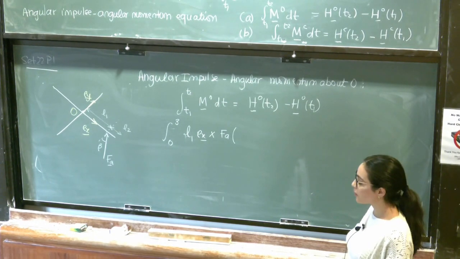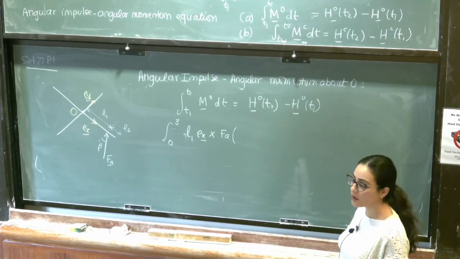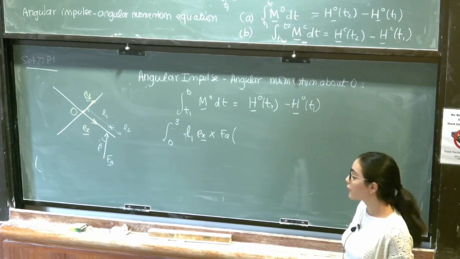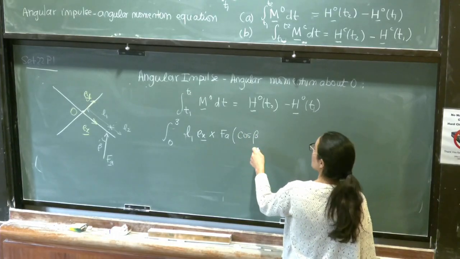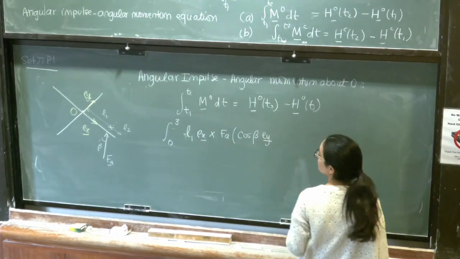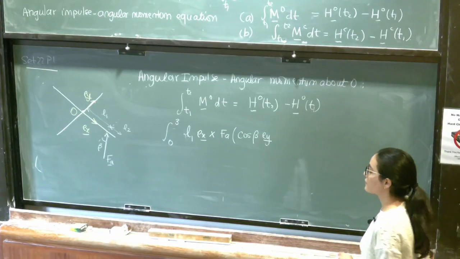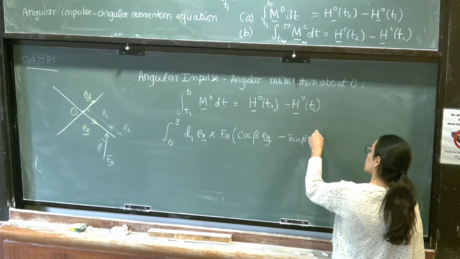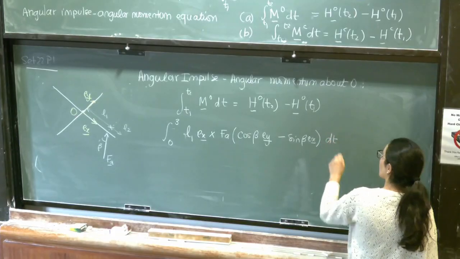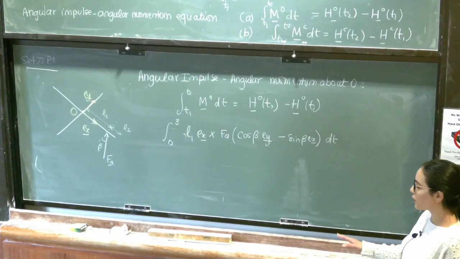What is the rotational EY component of FA? Cosine beta, right? What about the sine component, the EX component? Yeah, minus sine beta, dt. Okay, so that's the MO term, which I can calculate, right?